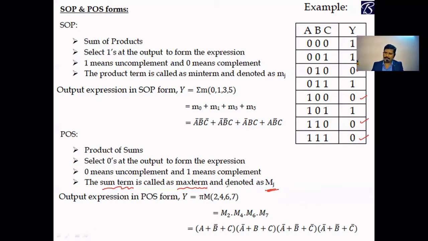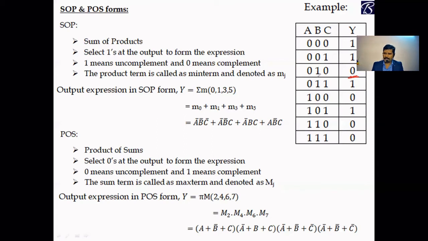The same expression y can also be expressed in POS like this. It can be written as capital M2, M4, M6 and M7. Now we can write the max terms. M2 indicates A plus B bar plus C. 0 we take as uncomplement, and 1 we take as complement here in the POS form.